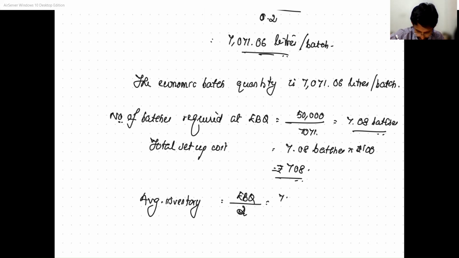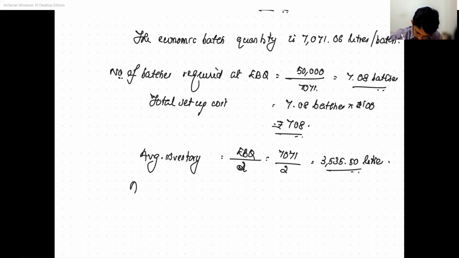That is 7071 divided by 2. 3535.50 liters. That is the average inventory. And the carrying cost or holding cost.